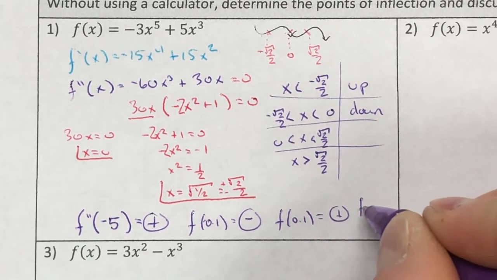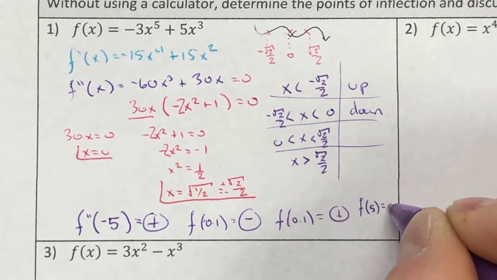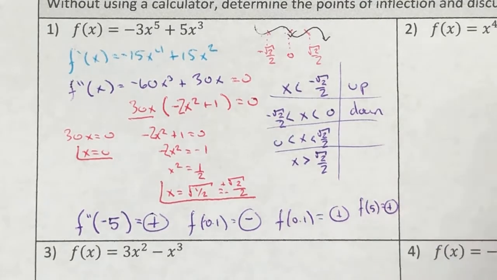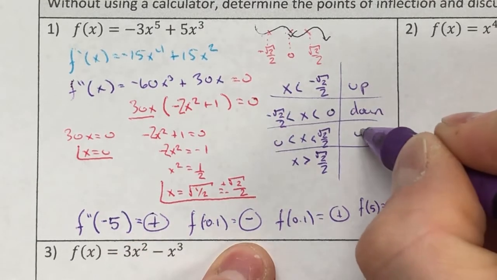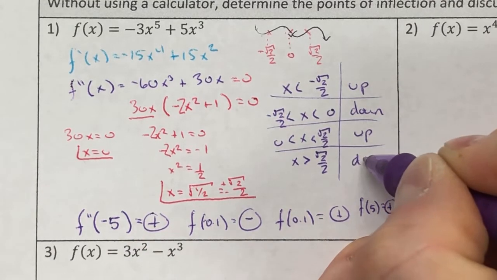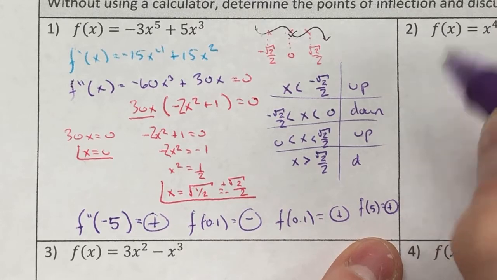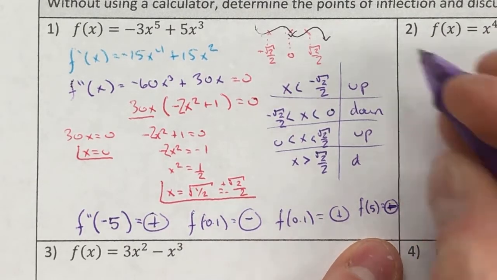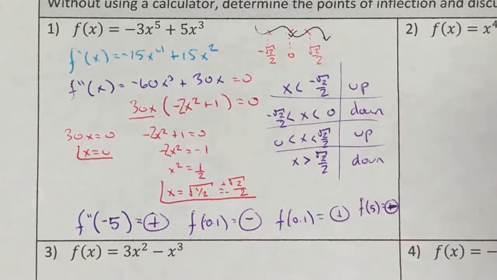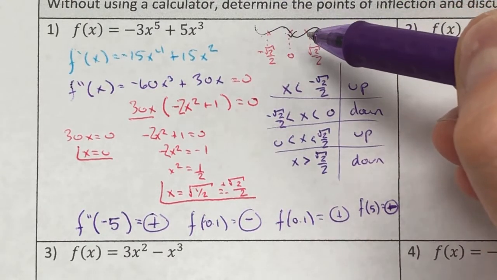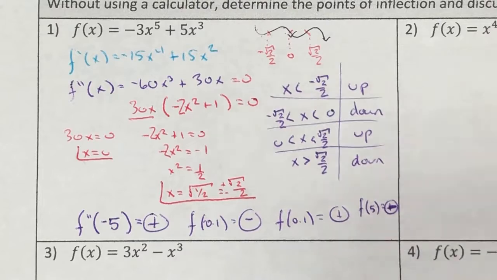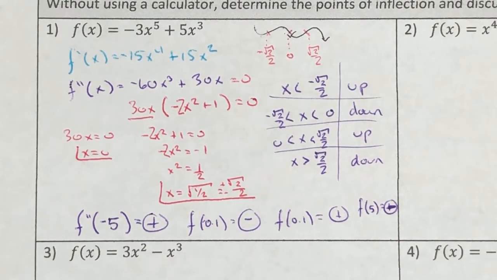And again, if I plug in another number, let's say f of 5, and I work out the math, I'll get a positive, which means my graph goes from concave up to down to up to down. Sorry, that is a negative value. Down, which makes sense because the graph we see is up, then down, then up, and then down. Boom, and we get that.